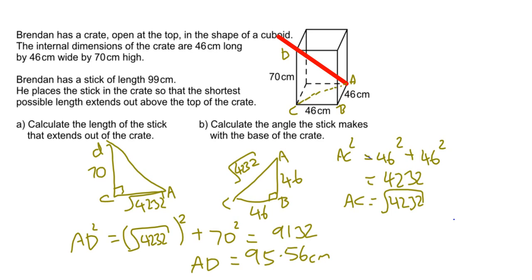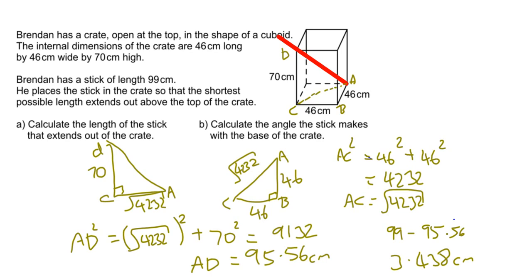Well, the remainder is going to be 99 take away 95.56 and put that into our calculators. And I'm asked to give that to, doesn't say what rounding. Well, that works out at 3.438 centimeters. I'll probably just write that as 3.4 centimeters.